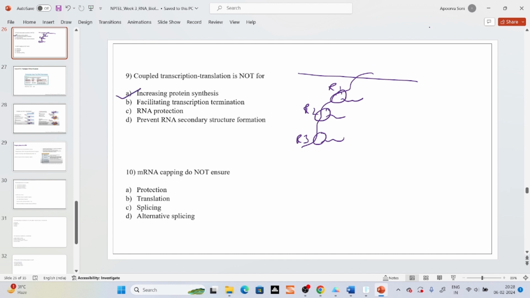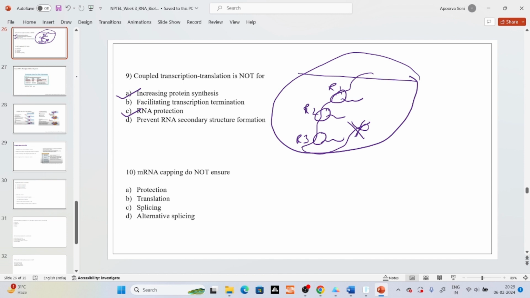And because all this is happening in the cytosol, which has a reduced environment that can degrade the RNA, but because ribosomes are attached to it, the RNA is getting protected. And because these ribosomes are attached to it, RNA cannot form any secondary structure, because RNA is not freely available to form any secondary structure.